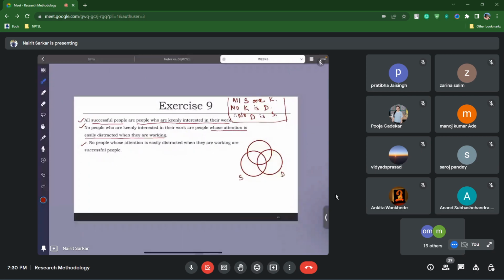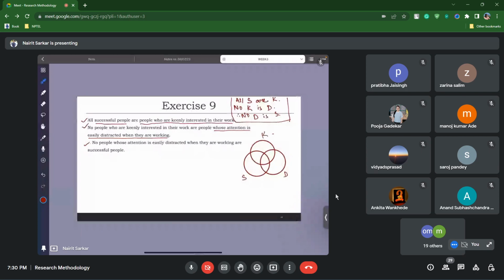Okay, so the first one is all S are K, so there is no S which is not K. Then no K is D. That means there is no in-between section between K and D. So no D is S. So see, the intersection between S and D is shaded.